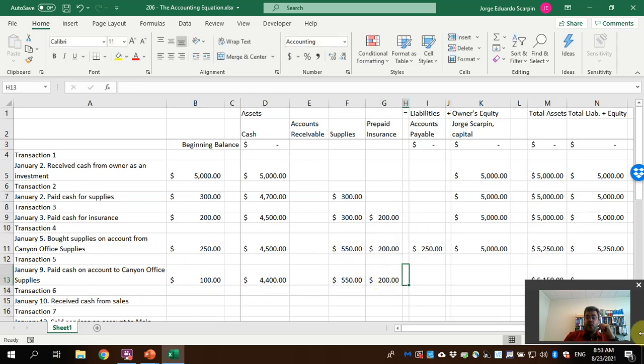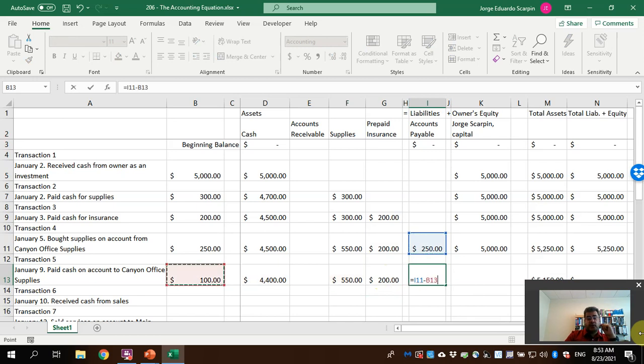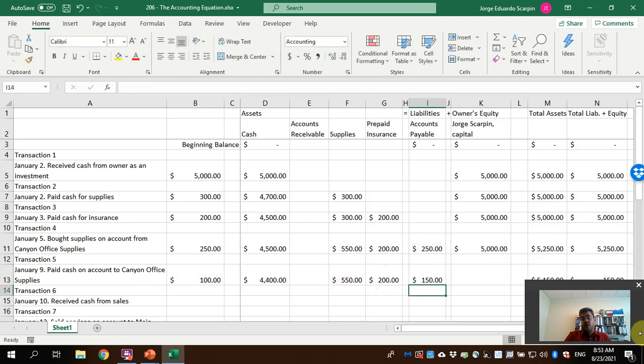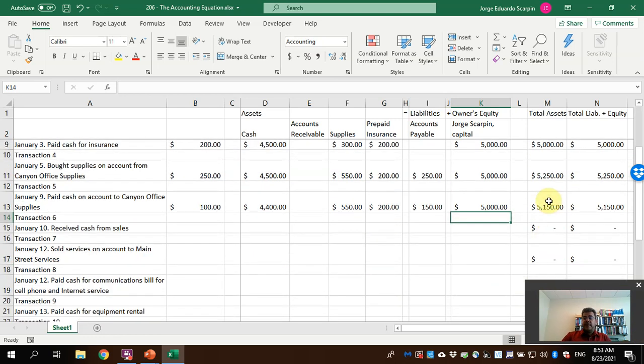And now, our accounts payable, we owed 250, but we paid 100. So, what do we owe now? Only 150. And then owner's equity remains the same. So, $5,150 for both total assets and total liabilities plus equity.